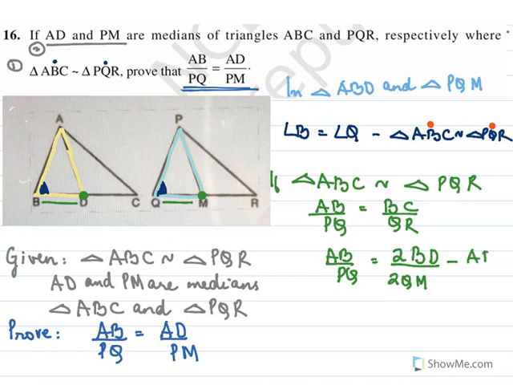The reason for this is AD and PM are medians. So when I cancel, I get AB over PQ is equal to BD over QM.